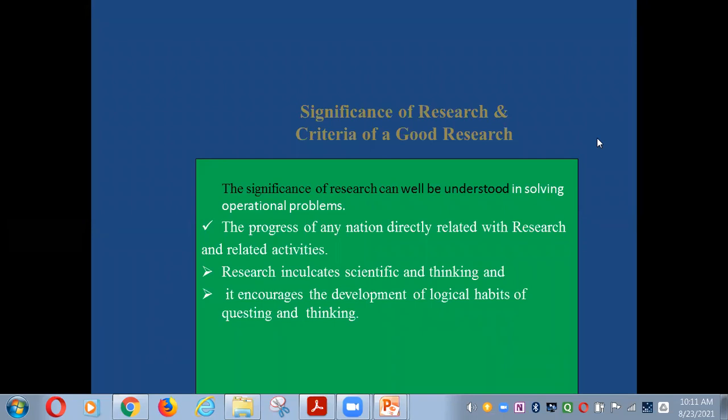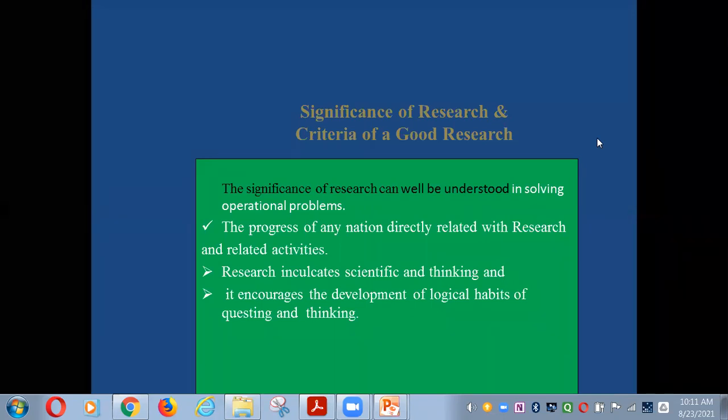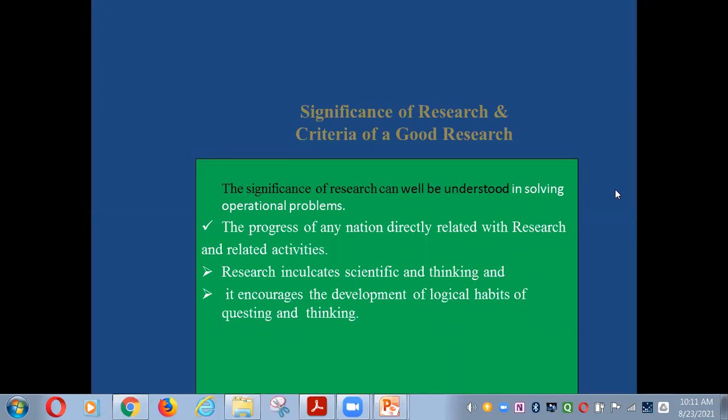The significance of research will be understood in solving operational problems. The progress of any nation is directly related to research and related activities. Research inculcates scientific and logical thinking, and it encourages the development of logical habits of questioning and thinking.